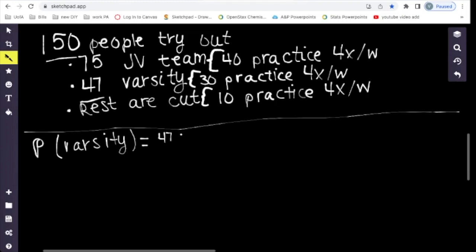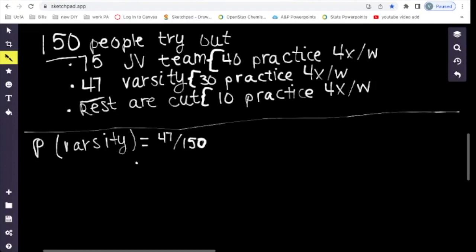So 47 out of 150 would give us our probability that the member is a varsity team member. We would want to reduce this fraction, but we cannot reduce this fraction.